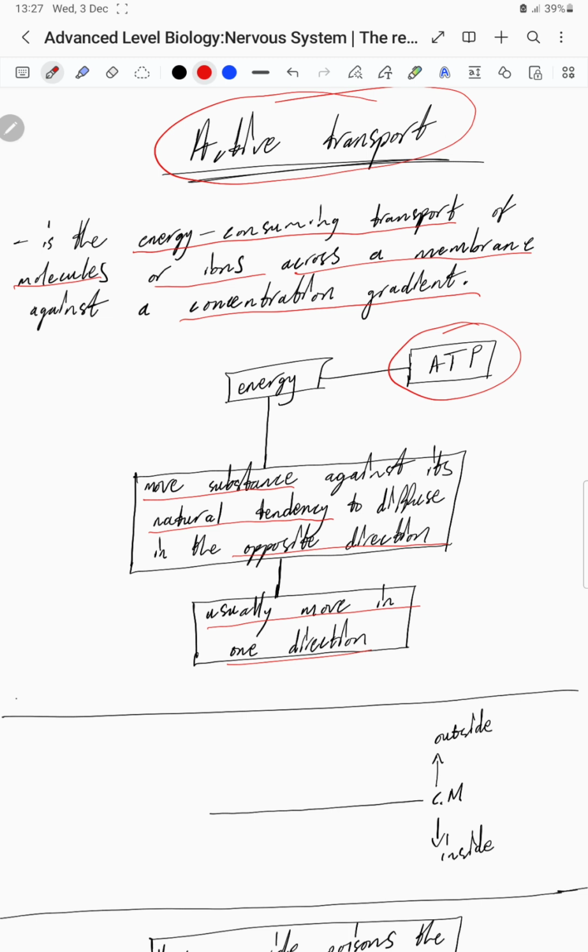So we've got high concentration of sodium ions outside and low concentration of sodium ions inside. Here we've got low concentration of potassium ions outside and high concentration of potassium ions inside.